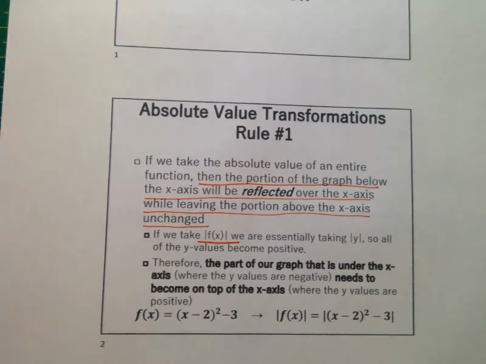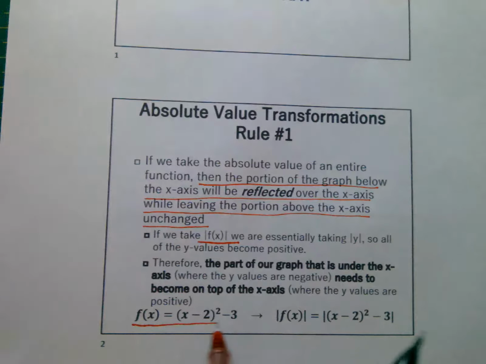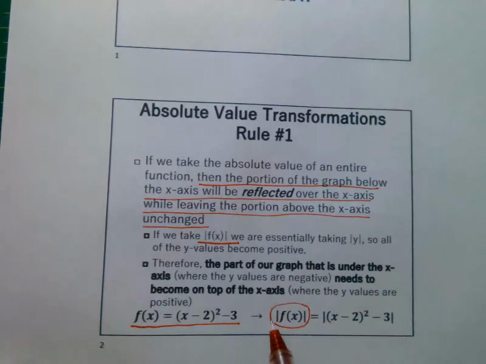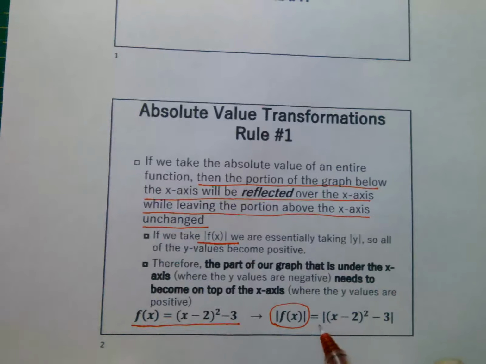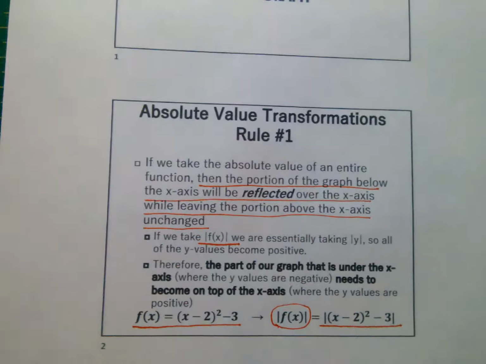And this down here on the bottom is what an original function would look like. Then you see here your notation for taking the absolute value of the entire function, and so we would put bars around everything here.